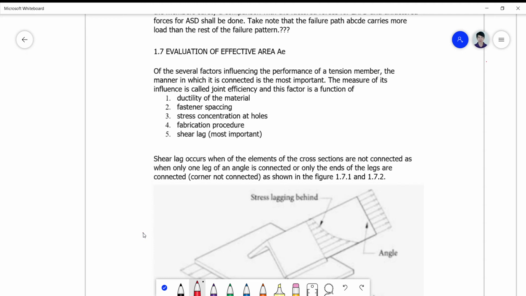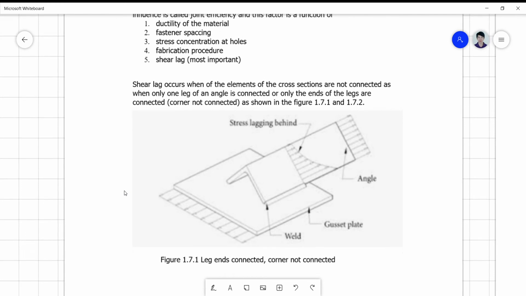So this occurs when not all the elements of the cross section are connected on the connecting member. Let's say I have here an angle bar that is connected on a plate or a gusset plate here, wherein the two ends of the legs are actually the ones welded to the plate.